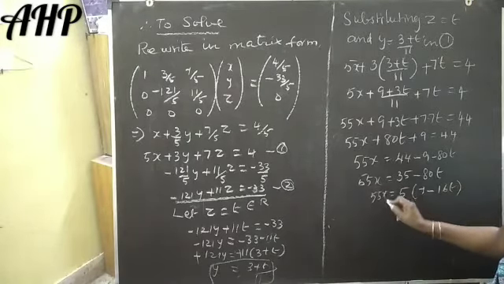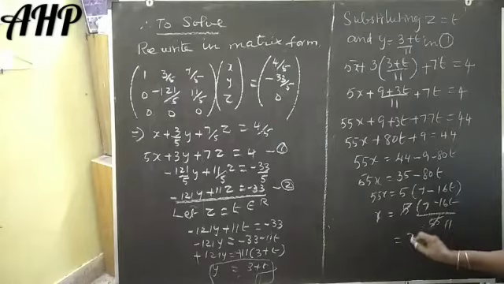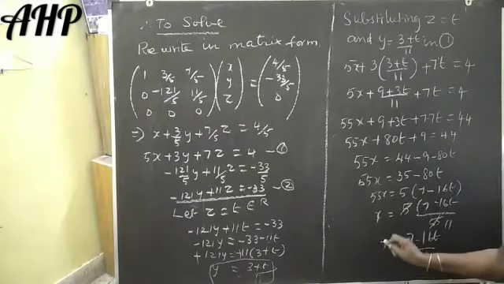This gets cancelled and gives you 11. This is equal to 7 minus 16t divided by 11. This is the value of x. Therefore the solution is x is equal to 7 minus 16t by 11, y is equal to 3 plus t divided by 11, and z is equal to t, where t belongs to the set of real numbers.